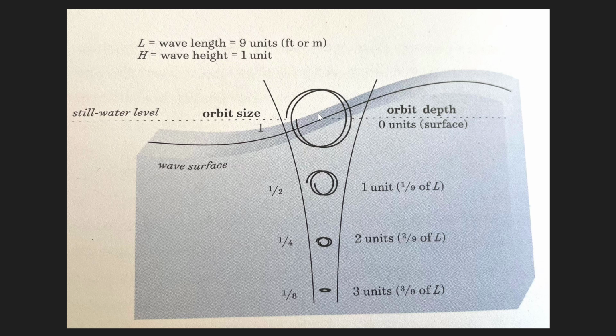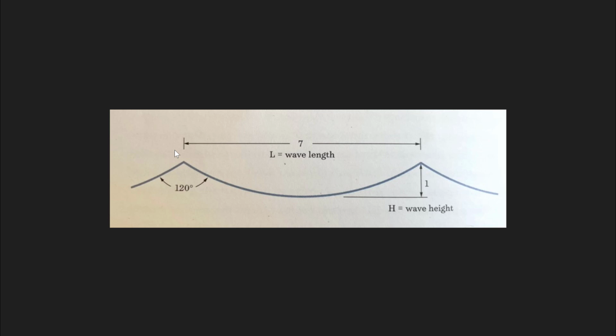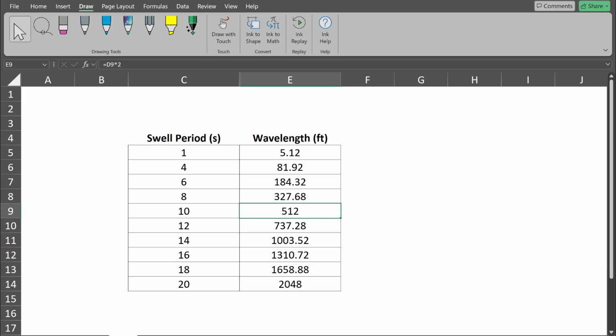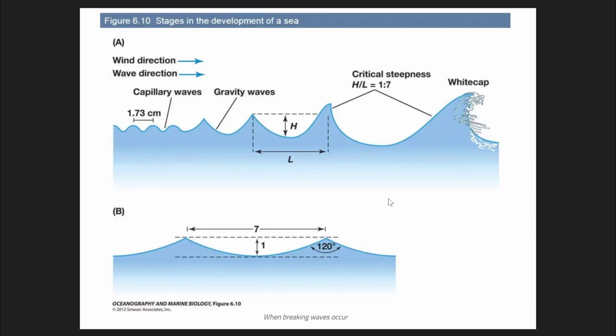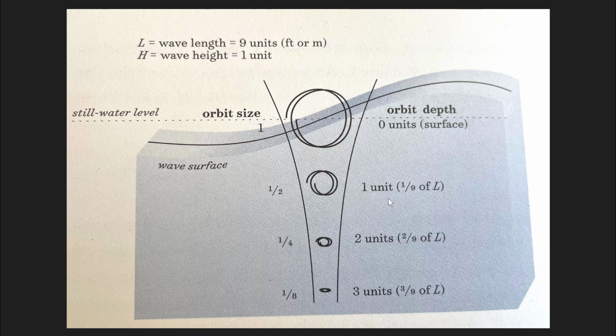So, for example, if the wavelength is 81 feet across from crest to crest, right? That's approximately a 4-second swell. Okay. So if that's what we're looking at here, then how does this orbit change as we go down?